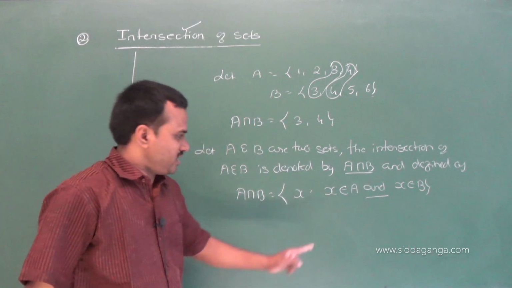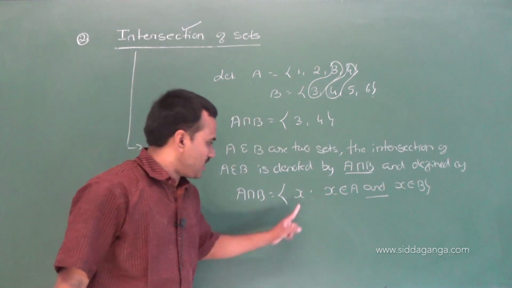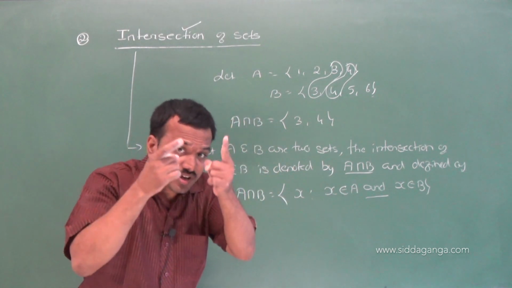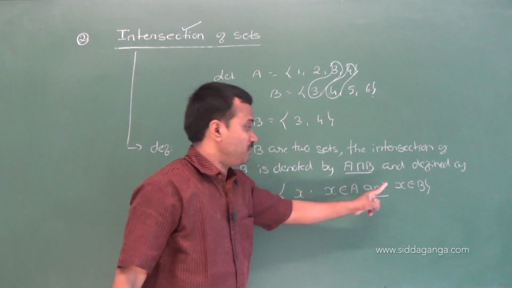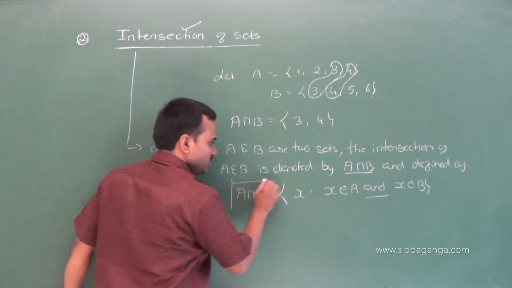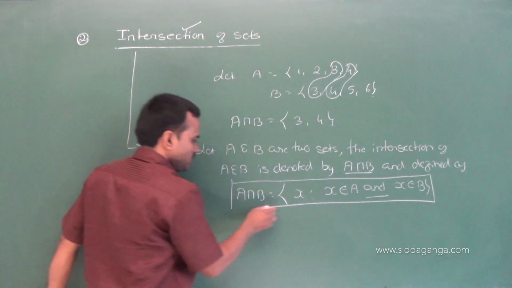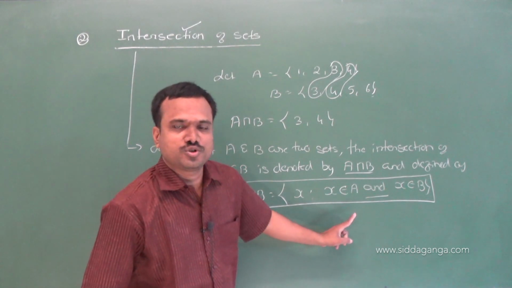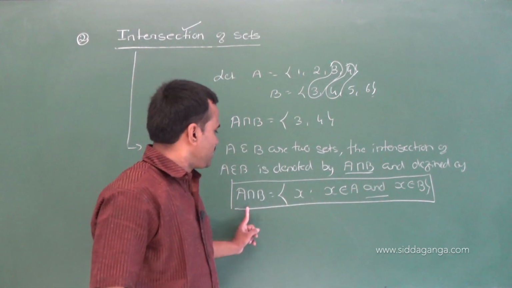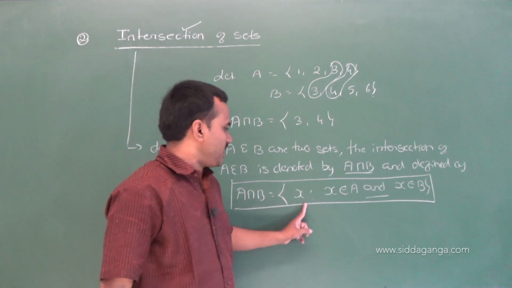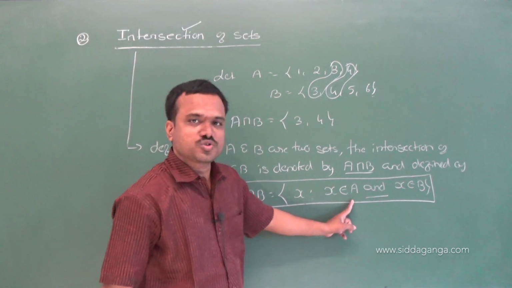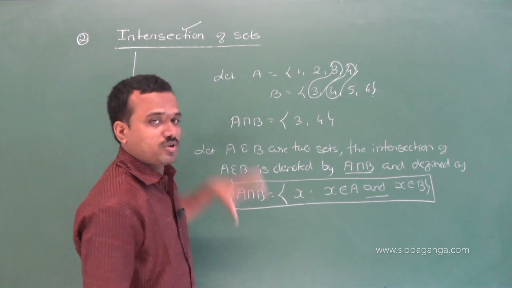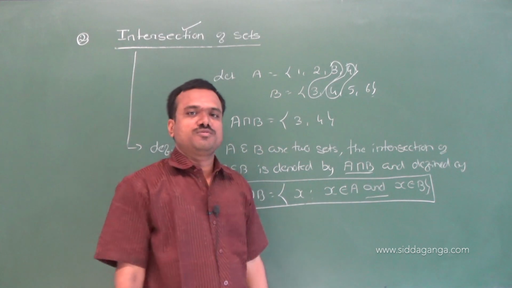Observe here, the element x belongs to A as well as belongs to B. This is the definition of the intersection of two sets. Clear? A ∩ B = {x : x ∈ A and x ∈ B}.